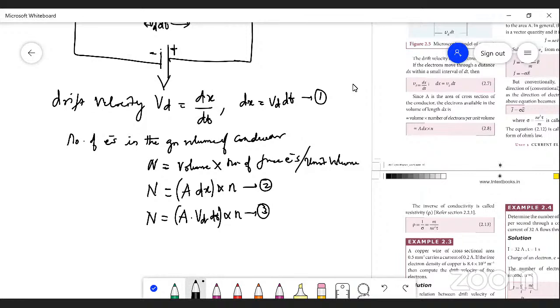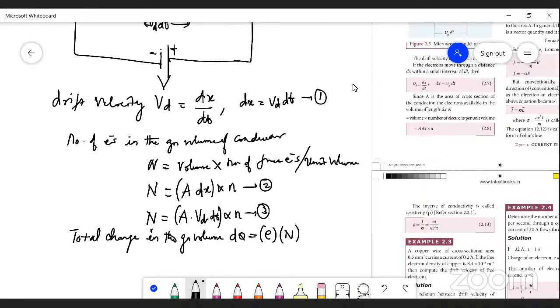Now, what is the total charge existing in the given volume of the conductor of length dx? We can write the total charge in the given volume, dq, by multiplying charge with the total number of charges.